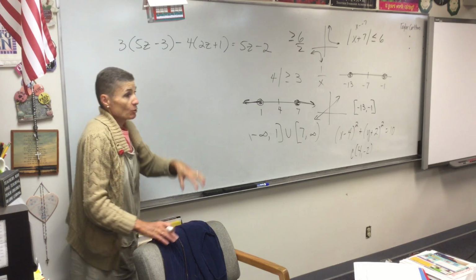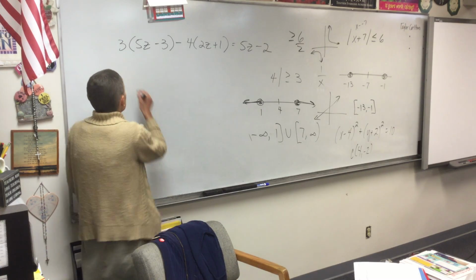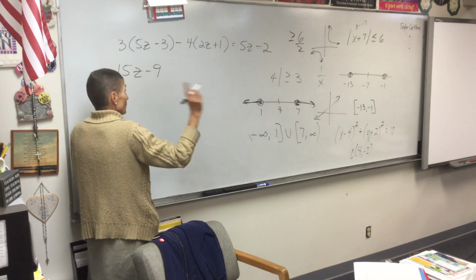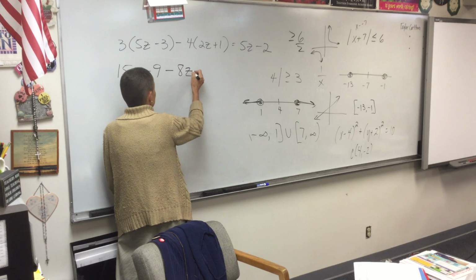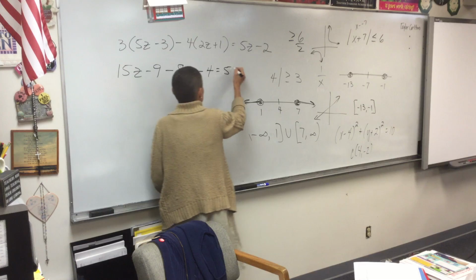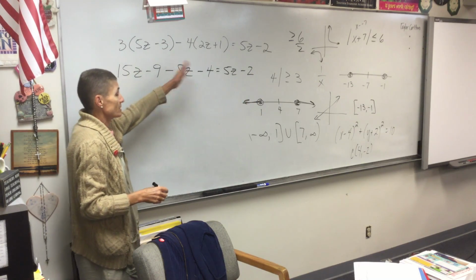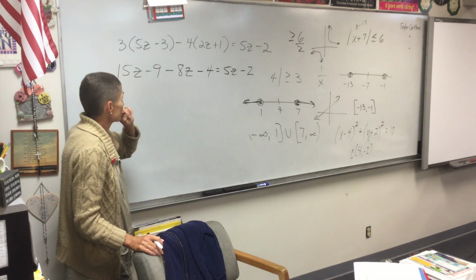What do I do to solve that equation? Distribute. Yep, so 15z minus 9. Here's what I wanted to be careful about. Minus 8z minus 4. Now, everybody knows it's minus 4. Make sure when you're on your own, you make it minus 4.